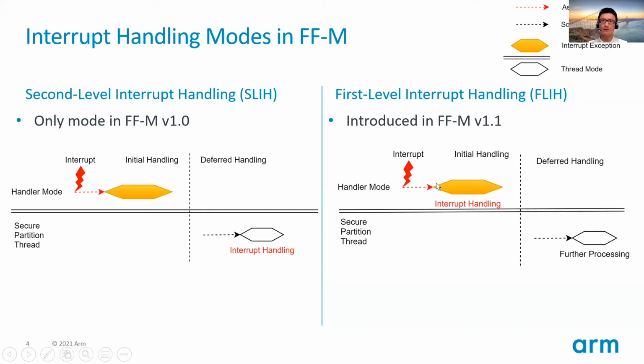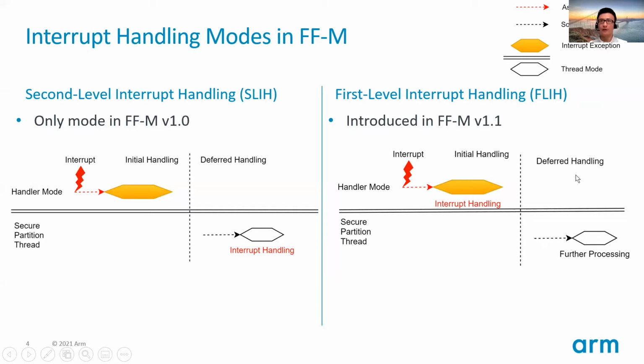But this is the interrupt exception context, which is not like the secure partition thread. So this handling cannot, for example, be blocked. Only very limited APIs are allowed and functionalities are provided.